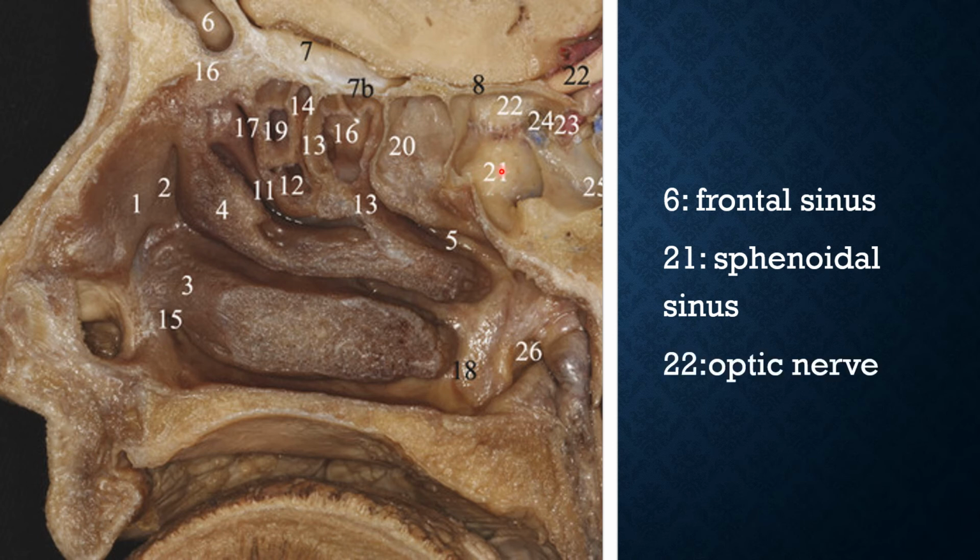And then number 22, you can see the optic nerve actually leave the front of the face. And here you can also see all the ethmoidal sinuses and some of the airways and passages, and obviously the tongue and mouth are down here.